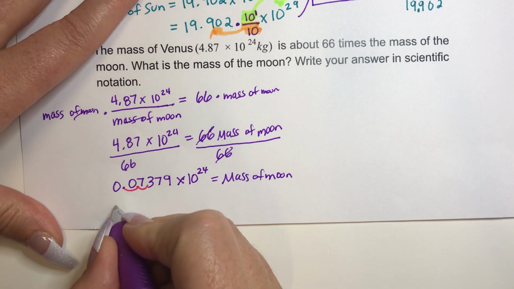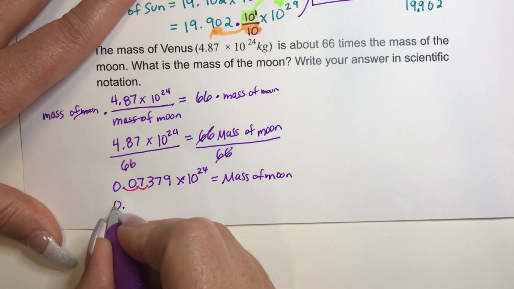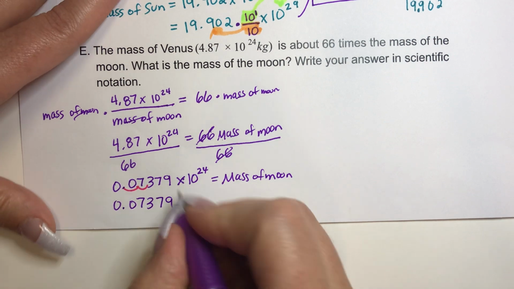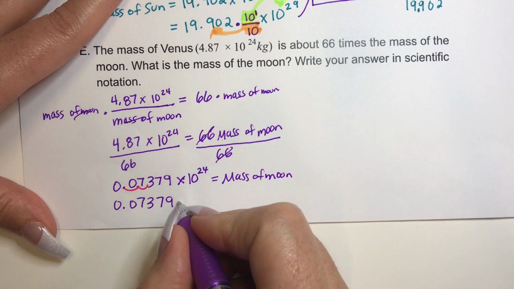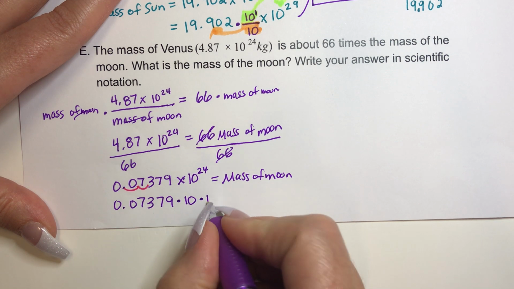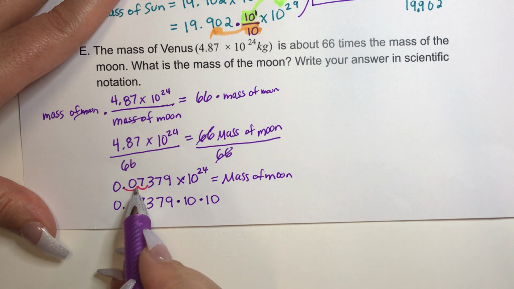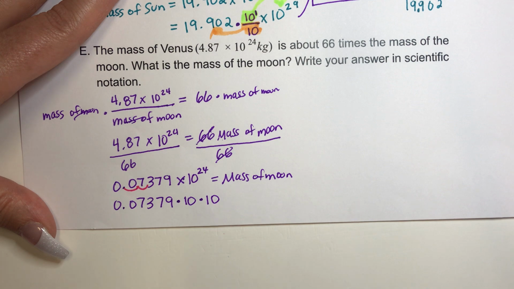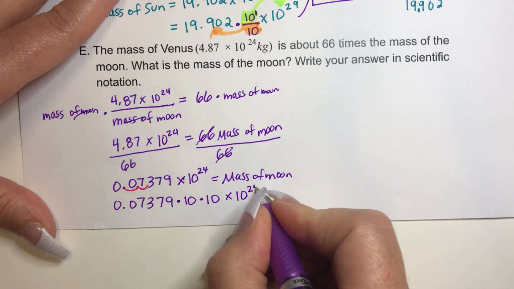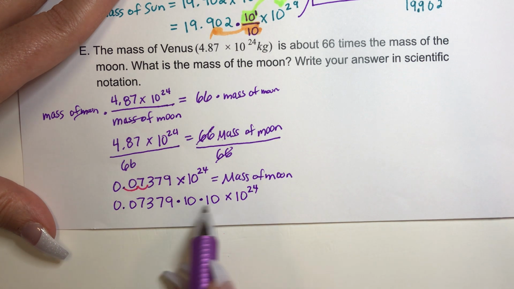So let's see how this works out. I'm going to have 0.07379, and I'm going to multiply it by 10, and then multiply it by 10 again, times 10 to the 24th. Now, I just can't do this.